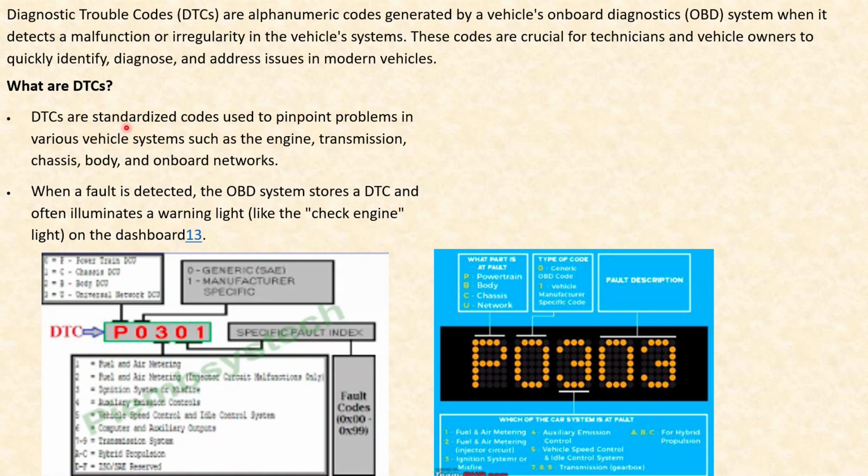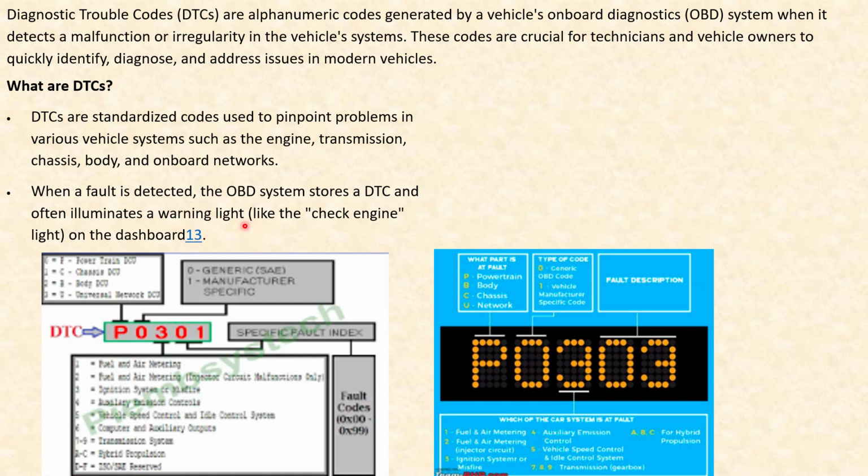DTCs are standardized codes used to pinpoint problems in various vehicle systems such as engine, transmission, chassis, body, and onboard networks. When a fault is detected, the OBD system stores a DTC and often illuminates a warning light like the check engine light on the dashboard.